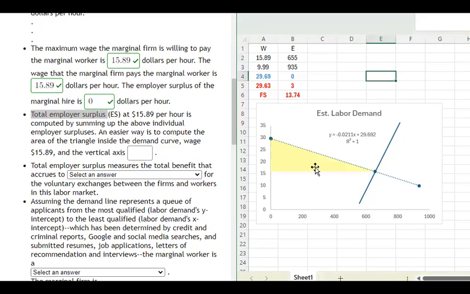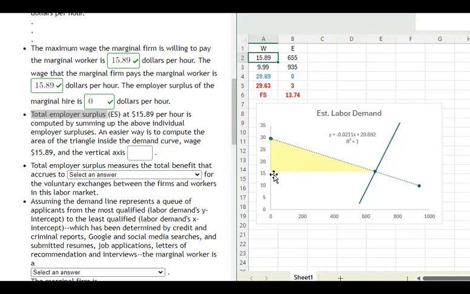Okay, we're going to calculate the area of this triangle, correct? The bottom edge of the triangle is at the market wage of 1589. You can see it right there. The top edge of the triangle, its highest point, is the intercept, 29.692.